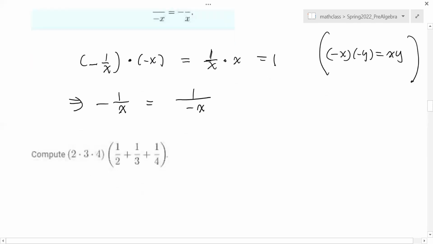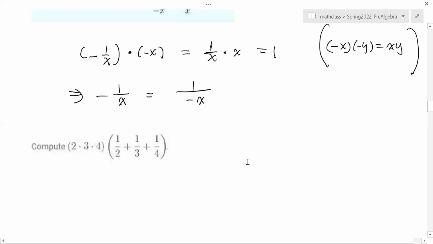Okay, now let's do some exercises. What is the best way to solve this type of problem? Some students will try to add these together, but we haven't learned fractions yet. You cannot just use the formulas for fractions to add them together and then multiply this out.